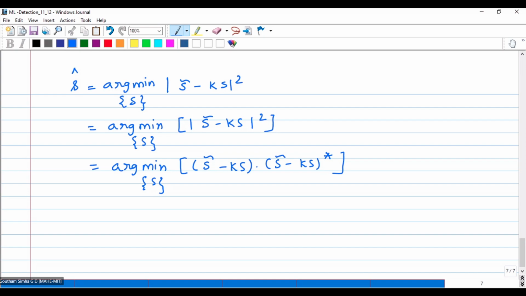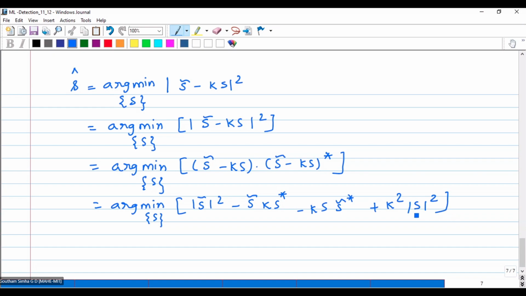So expand this. If you expand this, what happens? This becomes argmin of S in terms of S tilde square minus S tilde Ks conjugate minus Ks S tilde conjugate plus K square into S. So again you reduce this.